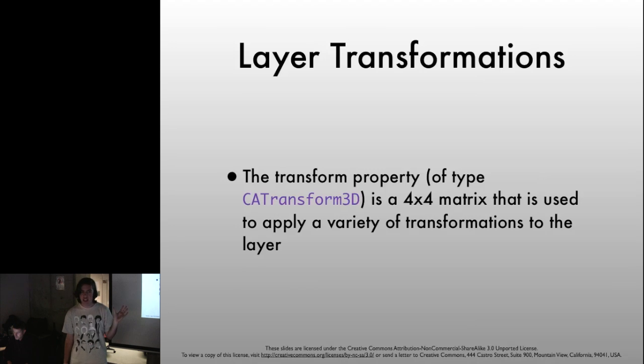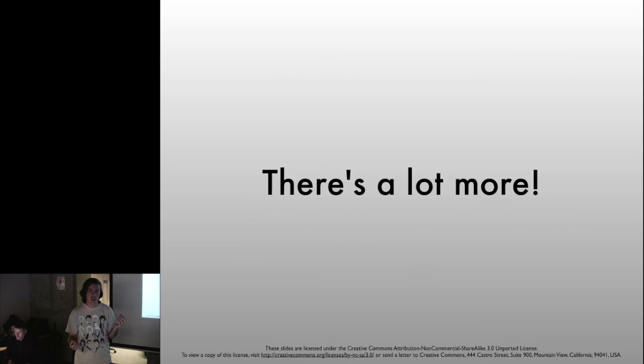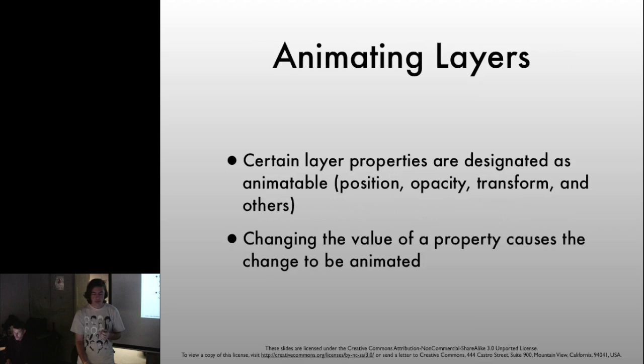I'm not going to go into much detail about those. That's what the documentation is for. It has a lot of explanation about how to apply transformations and how to do these really cool 3D perspective effects, and you can do all of this with these matrix transforms. Then you just assign a transform to your layer, and it gets drawn with that transformation applied.